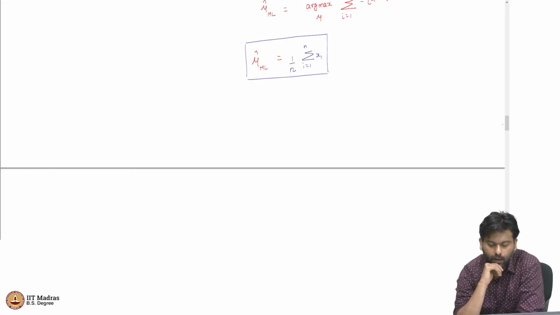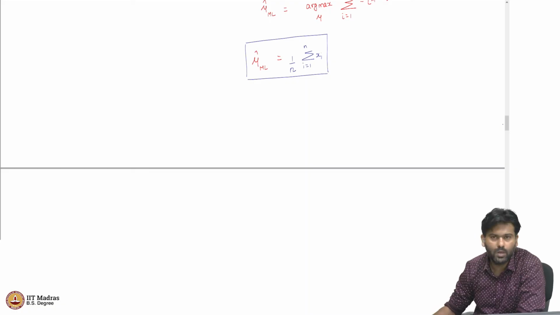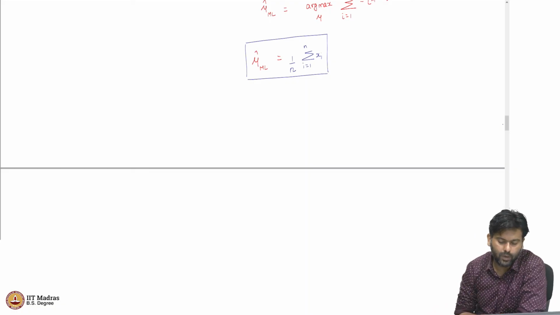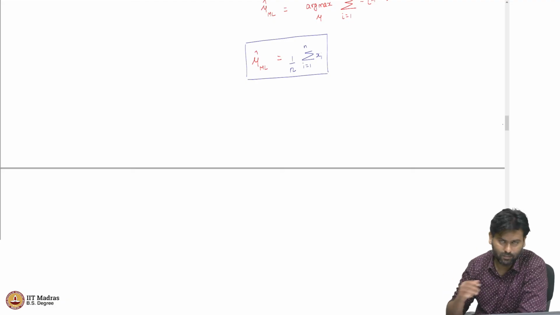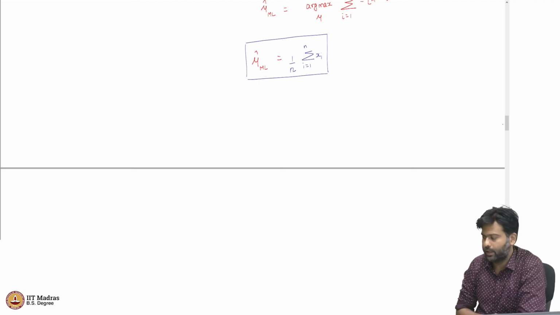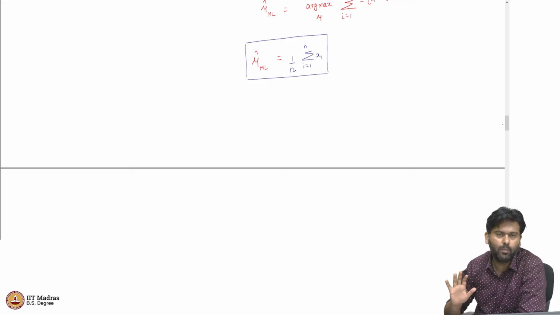That's what a statistics course would do. They will argue good properties of the maximum likelihood estimator, and in general it will give you very good estimators. In some cases you can argue that you cannot get any better than a maximum likelihood estimator.